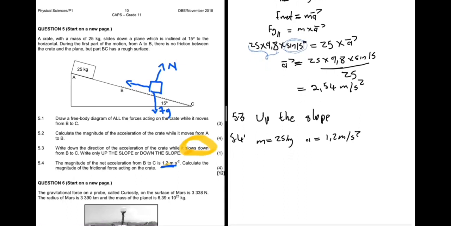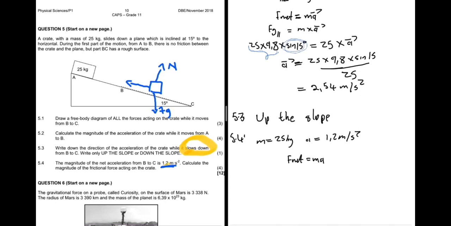Do you have any idea how we're supposed to solve this? Yes, the idea you have is right. Again, we're going to say F net equals MA. It's very rare that you're going to solve this kind of problem and not use F net equals MA. You're always going to use this formula. Because now we know that from B to C there is friction.